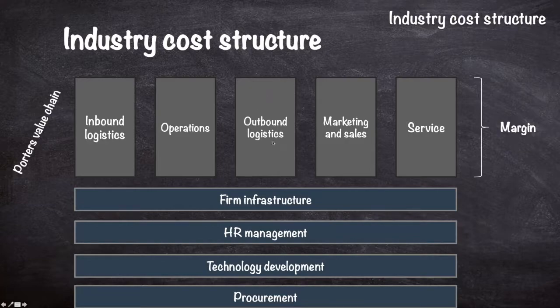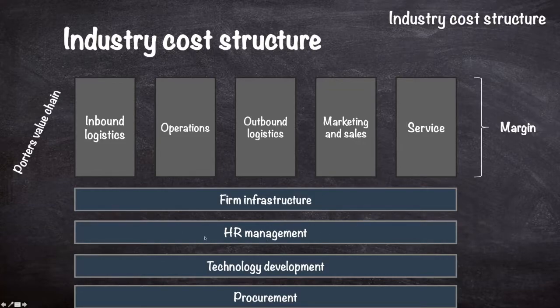Then we have outbound logistics, the warehousing and distribution of finished goods. Then we have marketing and sales, the identification of customer needs and the generation of sales. Then we have service, the support of customers after the product and service are sold to them. And then surrounding this we have firm infrastructure, some kind of control system, company culture, organizational structure.